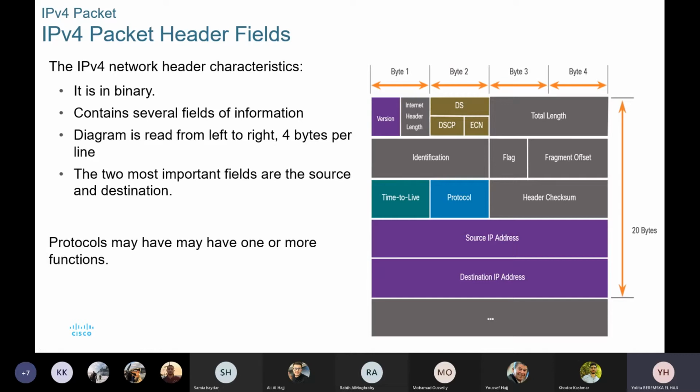There is also a code point, DSCP, which is not part of CCNA1. And we also have 2 bits for the so-called explicit congestion notification, which means that if these bits are set, they indicate explicit congestion. Where is this congestion?